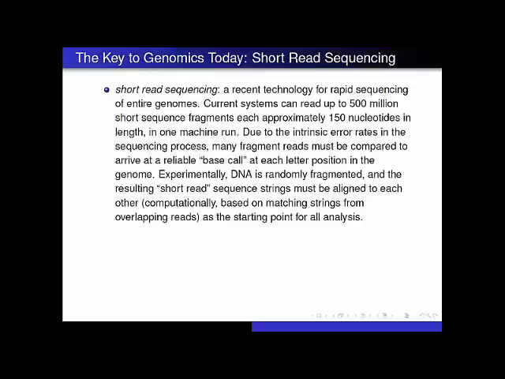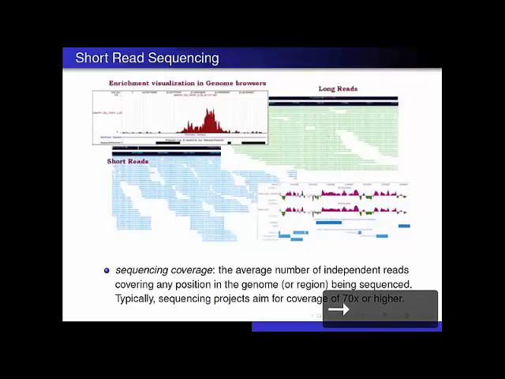So traditionally, people would show a horizontal axis that represents the coordinate in the genome sequence from beginning to end, say, of a chromosome. And then underneath that, showing individual short reads that align, in other words, read or cover that particular portion of the genome sequence.